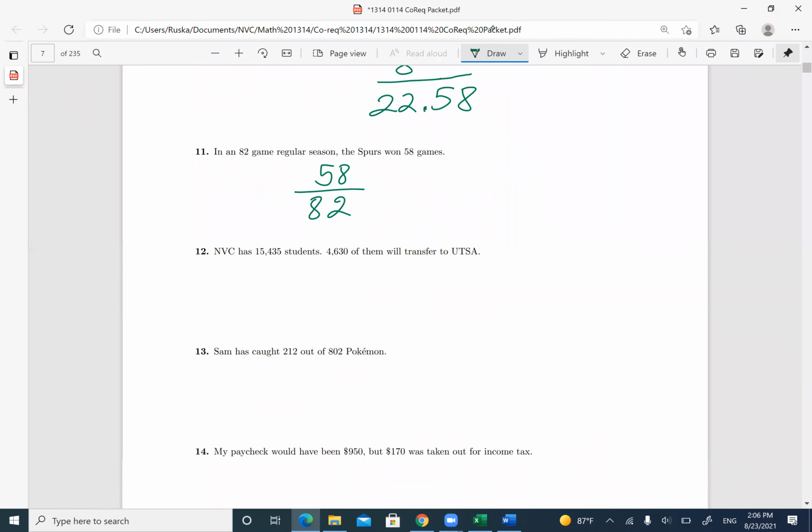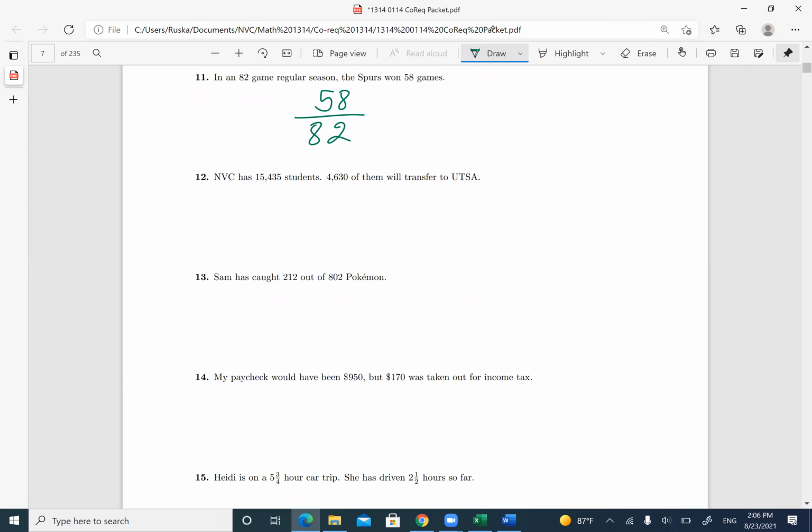Let's see the next one. Northwest Vista College has 15,435 students. 4,630 of them transferred to UTSA. So which one is the part, which one is the whole? Okay, that's right.